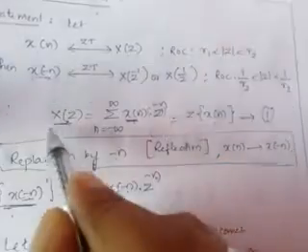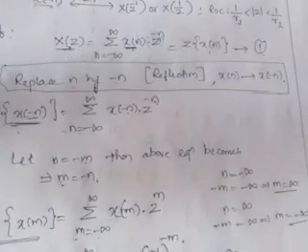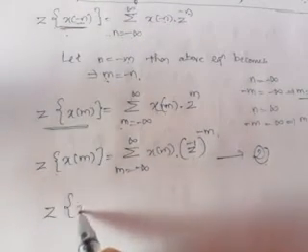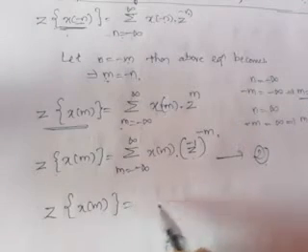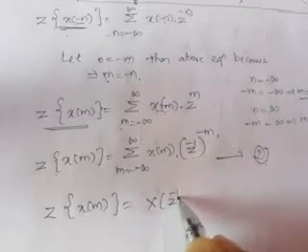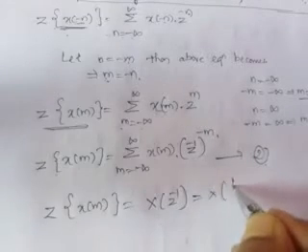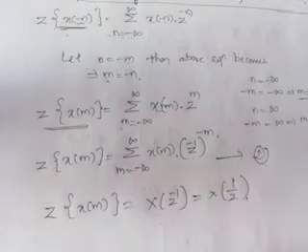It is X of z. Similarly, here z to the power minus 1 is there. Hence this indicates the Z transform of x of m is equal to X of z to the power minus 1, or X of 1 by z. Hence proved.